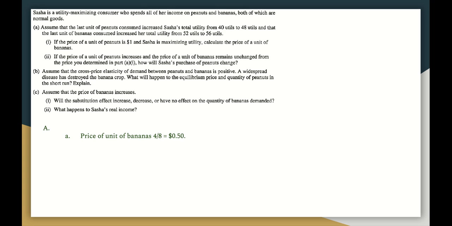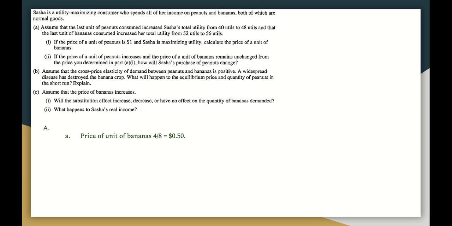So how we can compare this is 4 over 8, and that's going to be 50 cents. It's a ratio that you cross multiply. So we have it as 50 cents.